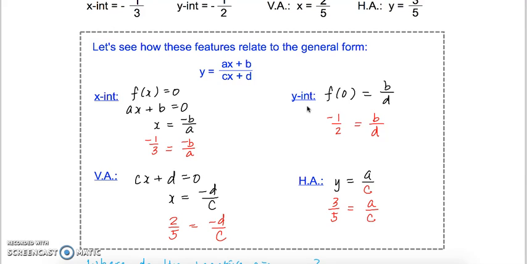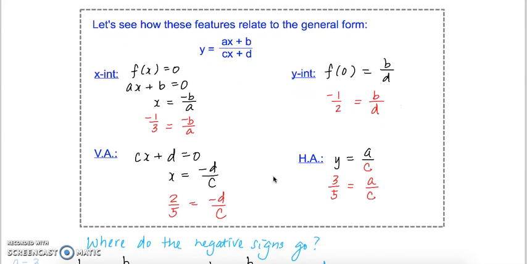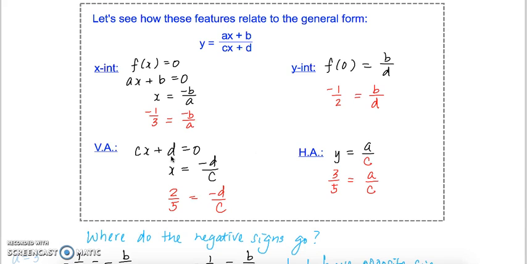And then for the y-intercept, it's f(0). So if I substitute 0 into this general equation, your y-intercept is always b over d. For the vertical asymptote, we know that we set the denominator, in this case cx plus d, equal to 0. So your vertical asymptote will always be x equals negative d over c.